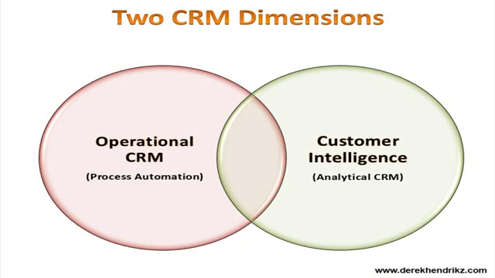The one automates operational processes and the other analyzes the intelligence behind these processes. So when a customer walks through the door of your business, there is a specific, automated process which takes place. And this process is based on certain intelligence which we've gathered and analyzed to give that customer the best possible customer experience.